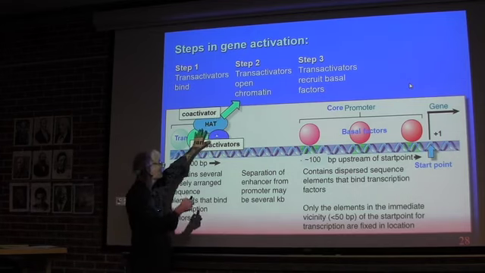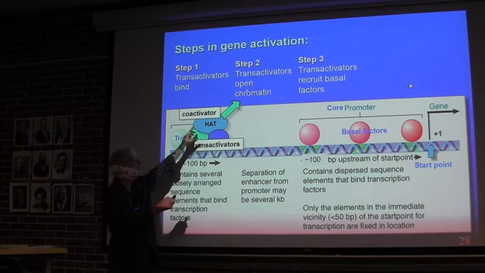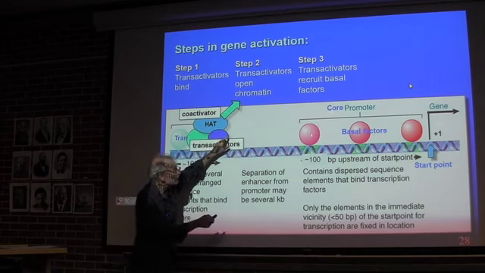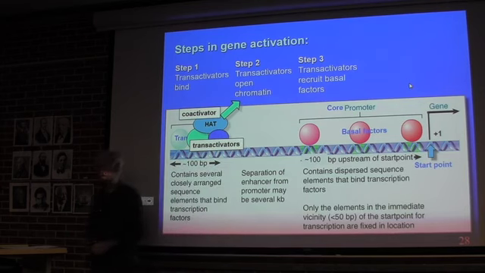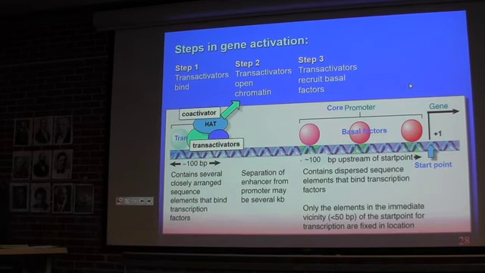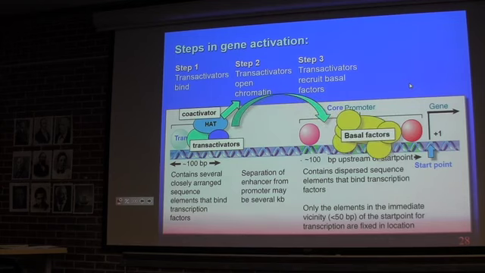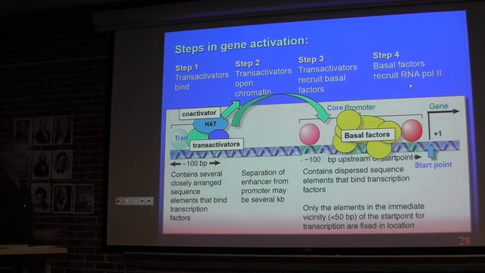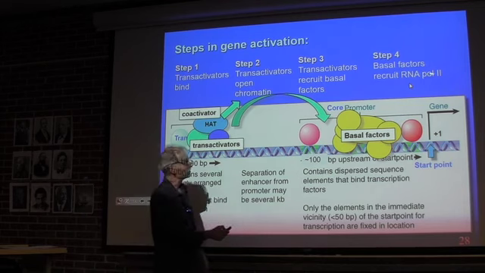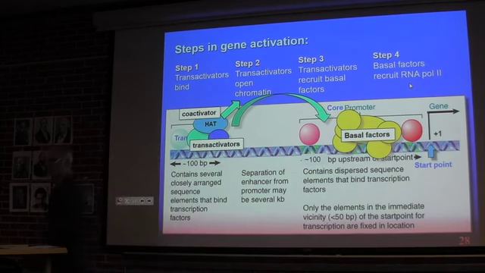After they've opened the chromatin and recruited co-activators, they begin to recruit the basal transcription factors themselves. And what do the basal transcription factors do? They eventually end up recruiting Her Majesty RNA Pol II. So a lot of prep work has to take place before a eukaryotic gene can be expressed.